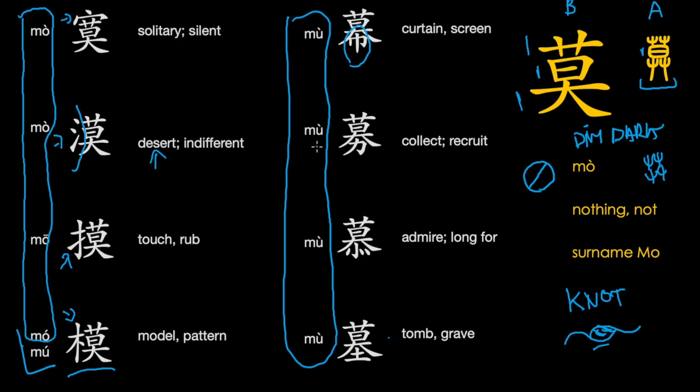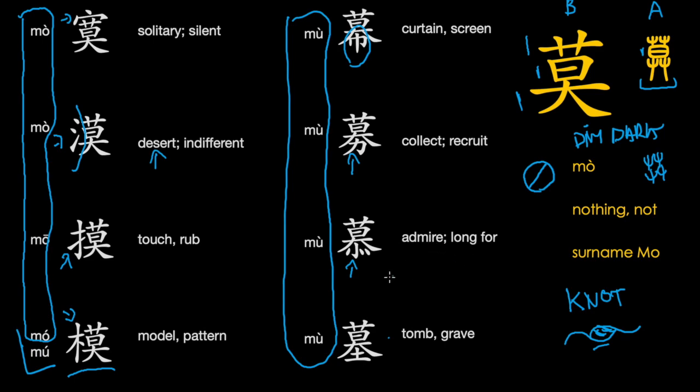Another character pronounced mu. It means to collect, to recruit. The semantic element is over here, li, strength. Next character, again pronounced mu. It means to admire, to long for. The semantic element, again at the bottom, is heart. Whenever you have the semantic element heart in a character, it points to emotions and things like that.